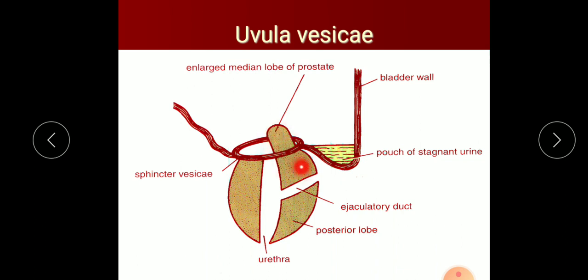In certain cases, this median lobe enlarges and projects towards this region of the trigone, producing an elevation there, and that is termed uvula vesicae. So it is actually an enlargement of the median lobe of the prostate, producing an elevation very close to the trigone.